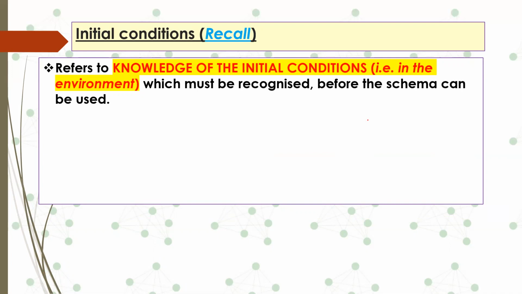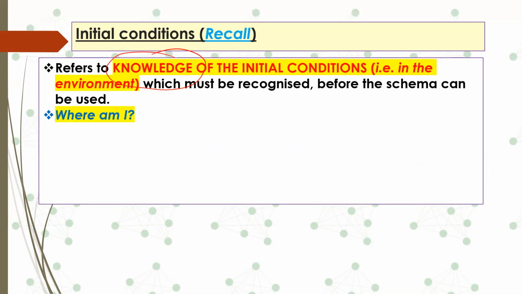So essentially what's going on in the environment. So before you can do anything, you need to have an awareness or a knowledge, and that's crucial in the mark scheme for the exams that I've been looking at. It really drills down that that's an essential phrase that you use, the knowledge of the initial conditions. So that has to be recognized before the schema can be used.